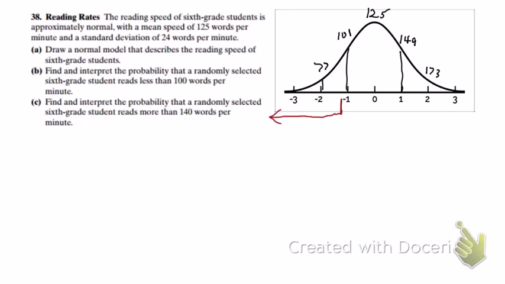So I can just look up the z-score and then find the area in the table, and I'm good because I'm going to the left. So z equals 100, that kid's score, minus 125. We know it's going to give us a negative number because we're to the left of the mean, divided by 24.